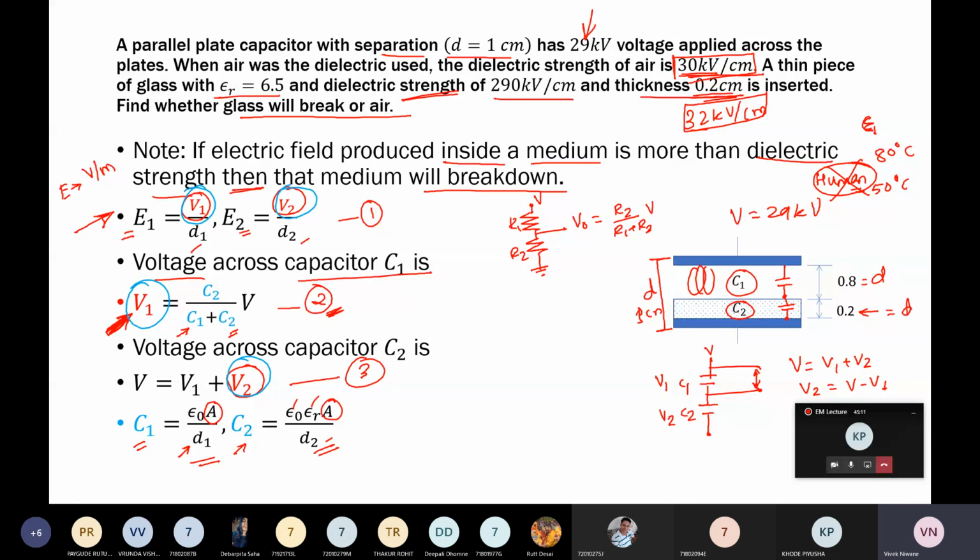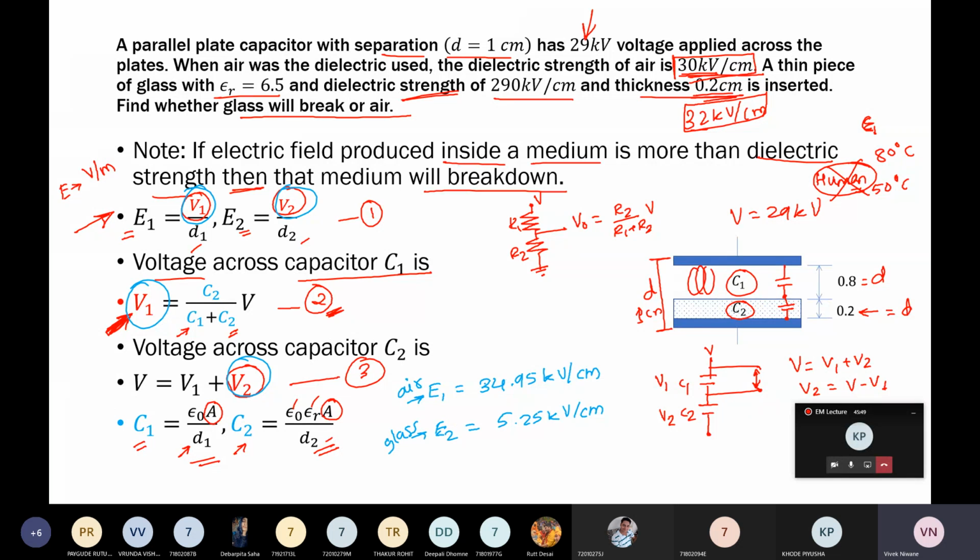And at the end of the numerical, I haven't given the values, but at the end of the numerical you will have E1 as somewhere 34.95 kilovolt per centimeter and E2 as 5.25 kilovolt per centimeter. E1 is due to air and E2 is due to glass.